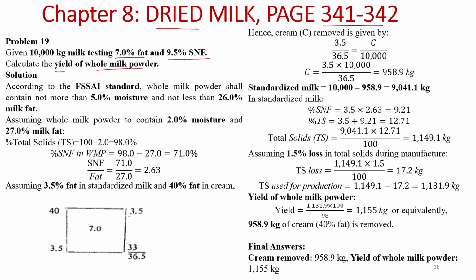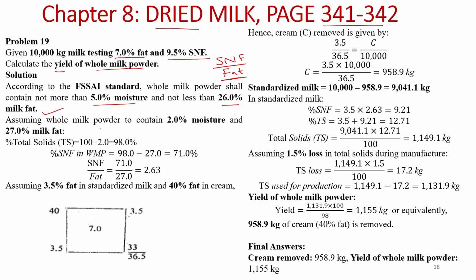Now, we know that it is the TS in milk which gets converted to the whole milk powder. We also know that we have to adjust the SNF to fat ratio in whole milk powder. Okay, as per FSS standard, milk powder shall not contain more than 5% moisture and should not have less than 26% milk fat.